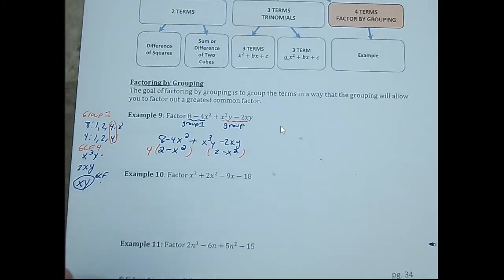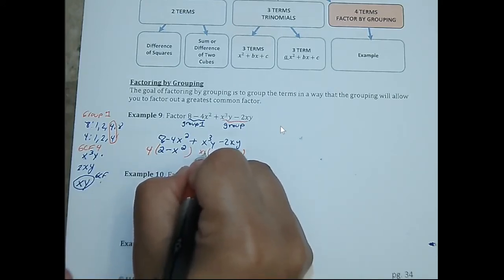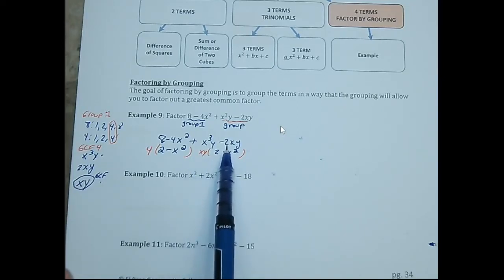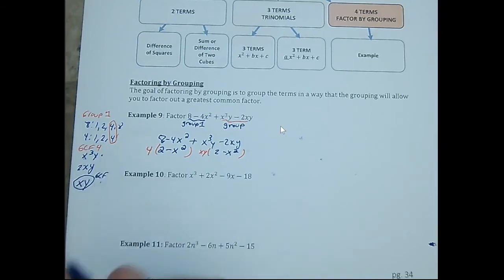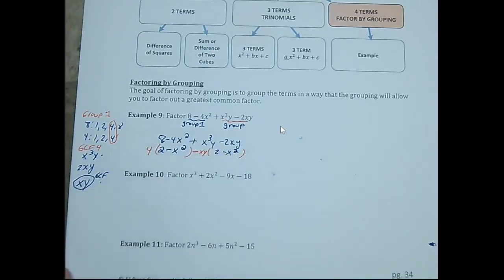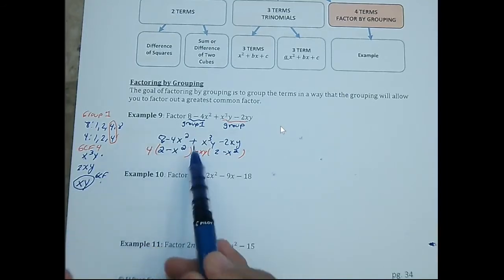So I'm going to place xy in here. If we multiply xy times 2, then I get 2xy. However, in our polynomial, the 2xy should be negative. So I'm going to go ahead and make this a negative. Your choice, is it going to be negative or positive?